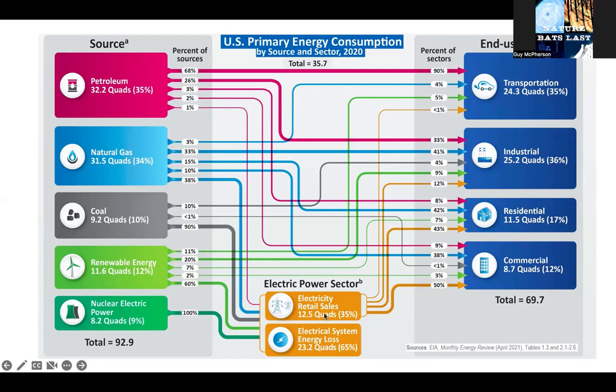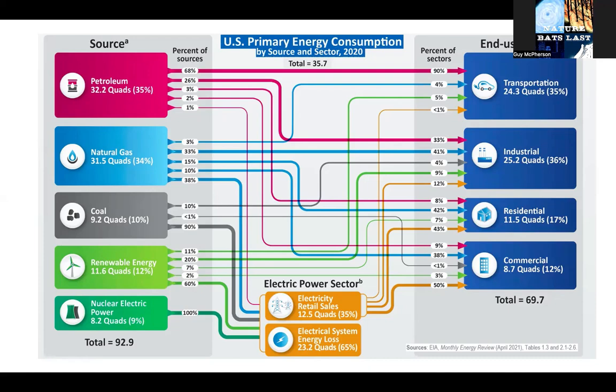I would like to draw your attention to the fact that the total amount of electrical sales is 12.5 quads, 35% of the total amount of energy used for electricity, but that our energy system, and this may cause a lot of people to fall out of their chairs and bump their head, and we are indemnified from liability, you'll discover that energy losses within our electrical system are 65% of the energy that goes in. Guy, anything you'd like to gloss over here?